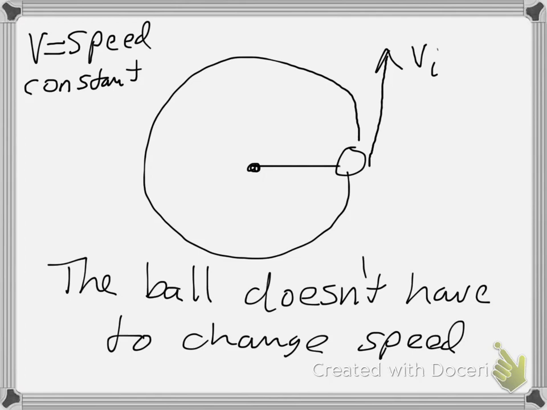And if a few instants later the ball is here, the velocity is then going to be tangent and point in that direction. We'll call that V final. So I have one vector pointing up and another vector pointing off to the side. One thing I can do with vectors is move them around, as long as I don't change the direction they're pointing and the length that they have.